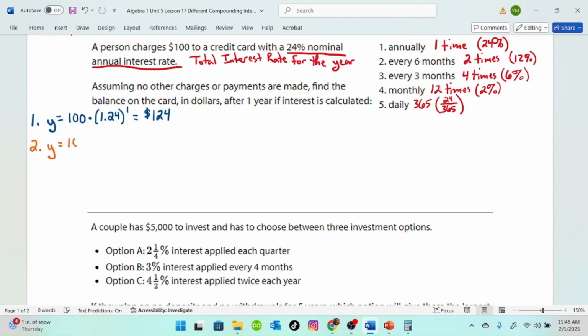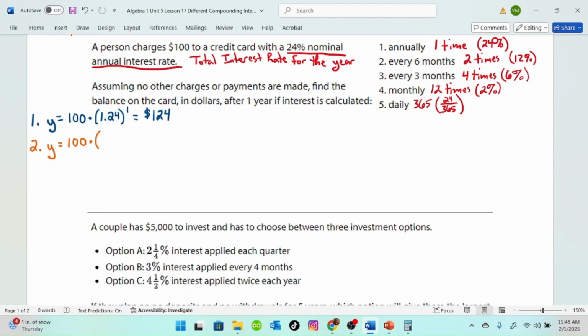We start with that same $100. This time, we're going to do it every 6 months, so that's twice a year at 12% each time.